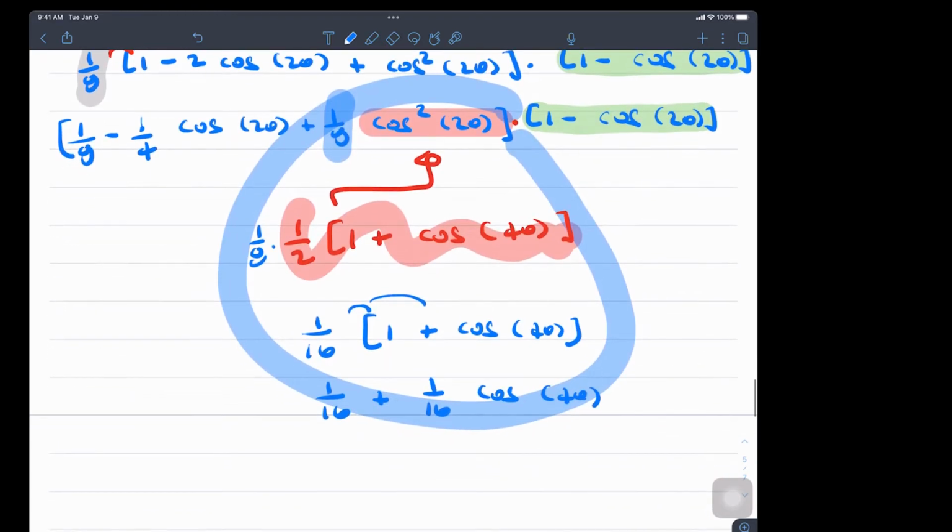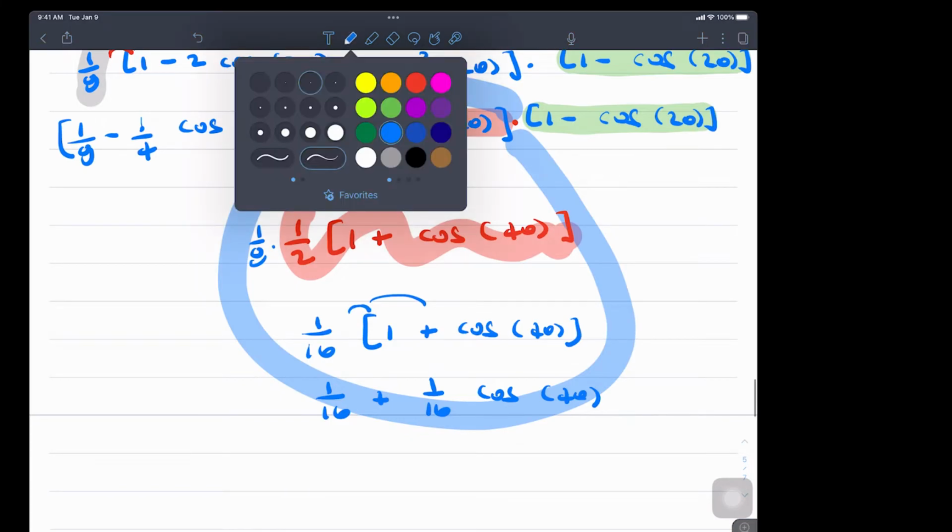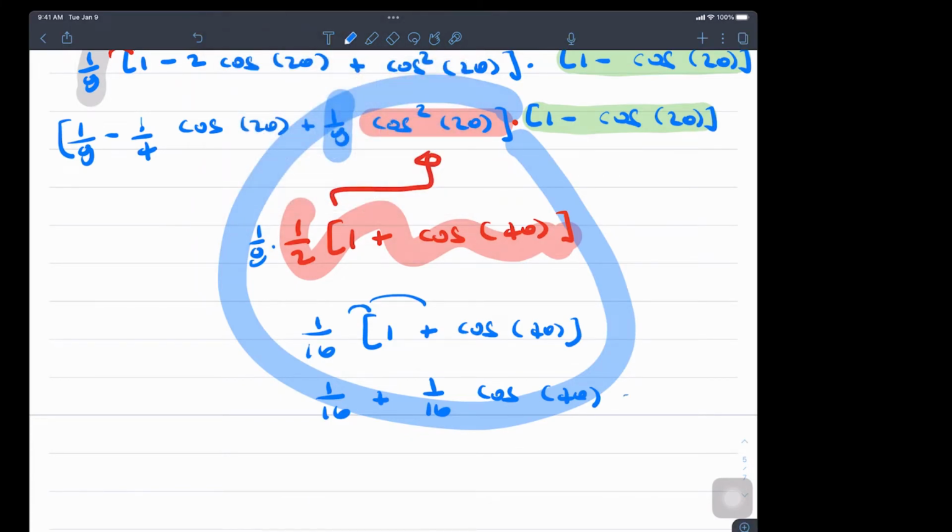So you might say, what is this? Well, this is not the green. And then you have out here 1/8 minus 1/4 cosine double theta plus this, and then this is the green portion. Okay, you guys okay with that?